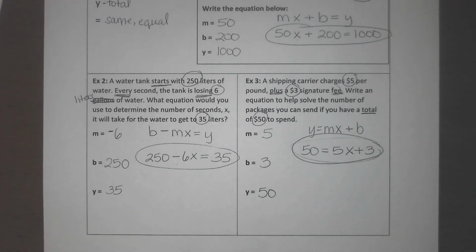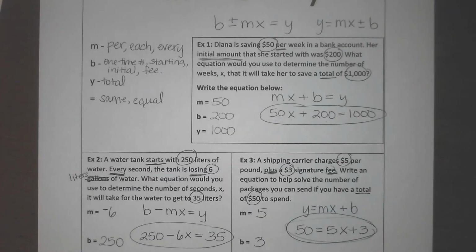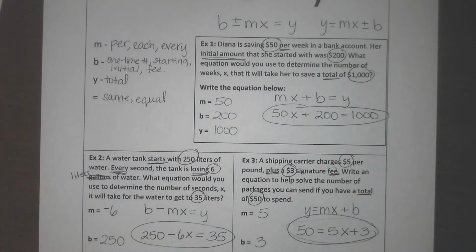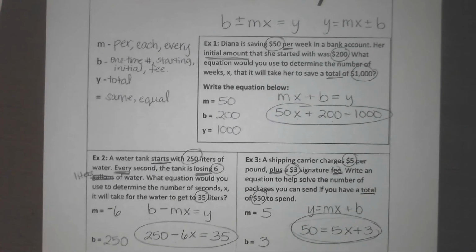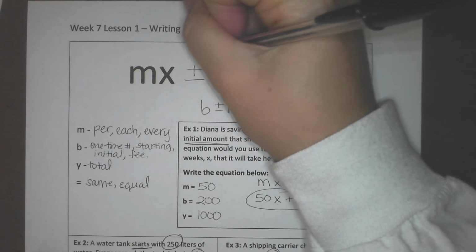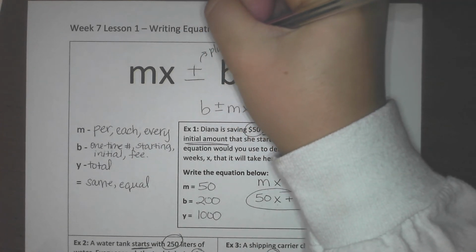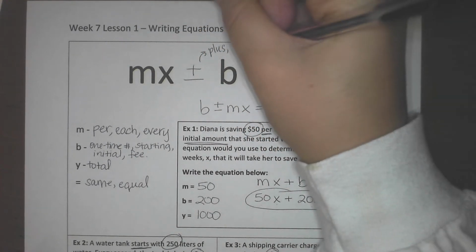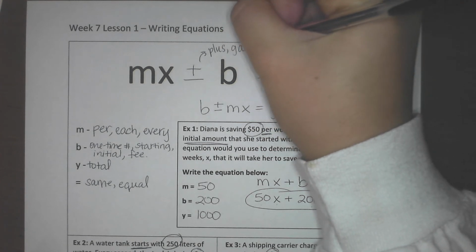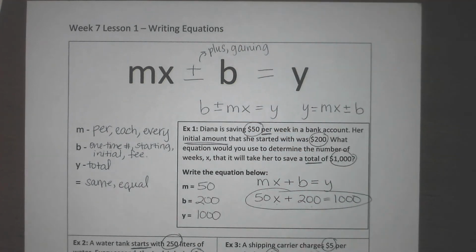So really important that you need to get down here is make sure that you have these key words to help you. If you see the words plus, that's telling you it's plus. I'll even add it up here. If you see plus, gaining, those are important words.